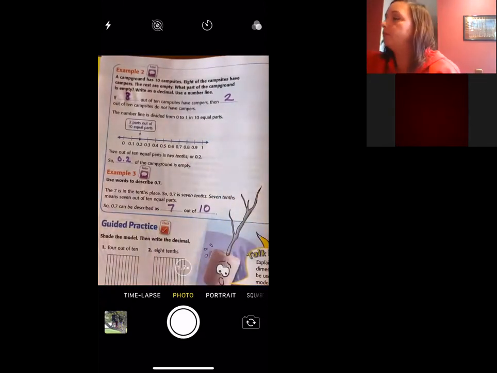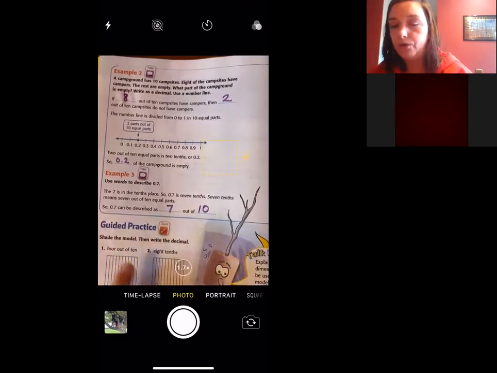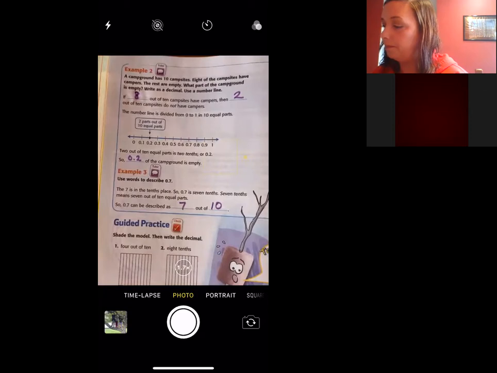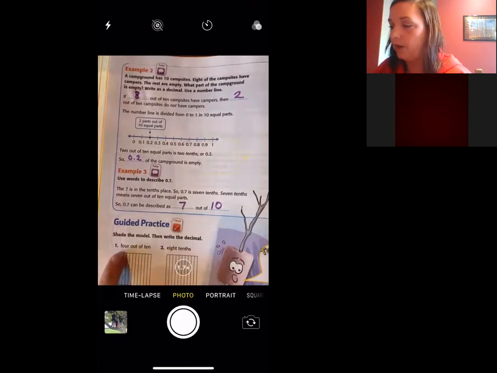Okay? All right. So now I want to go over a few of the different kinds of problems that you're going to see on the assignment today. For number 1, it says shade the model, then write the decimal. It says 4 out of 10.